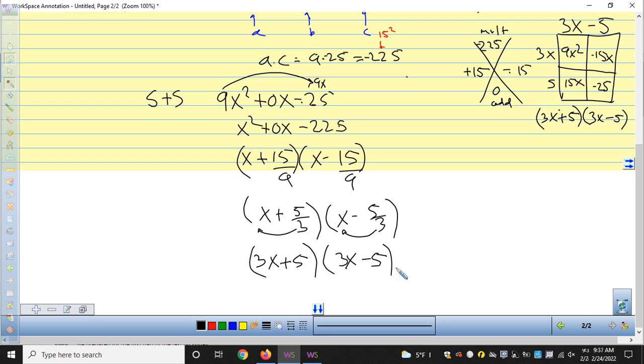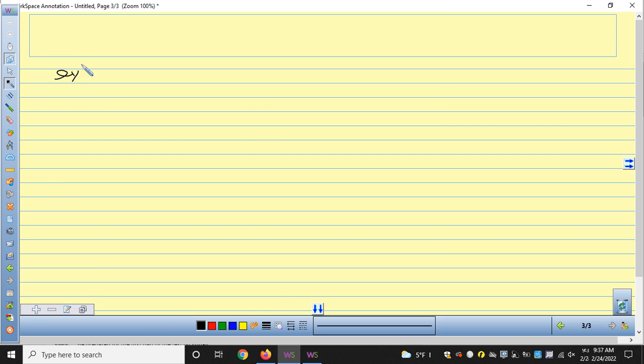All right, questions there? I want to look at one more. We're not going to go through the whole process. I just want to set it up so we remember the start of this problem. Let's say we want to factor 12x to the third minus 3.